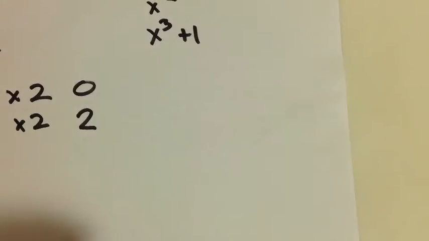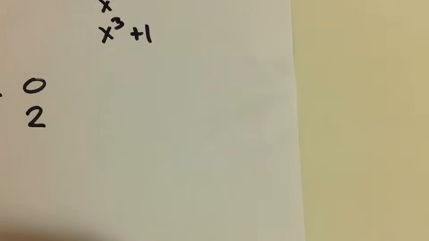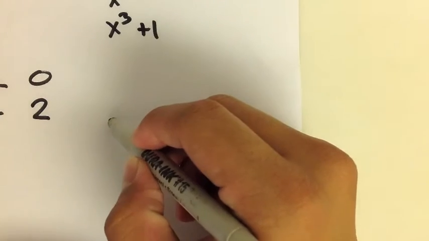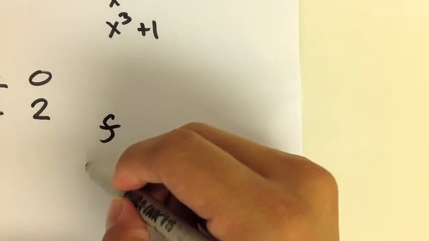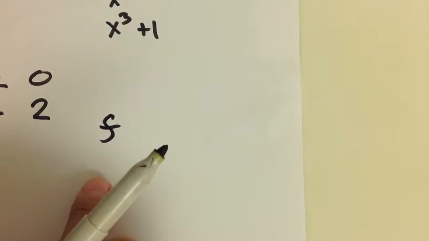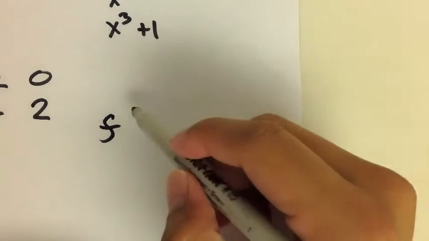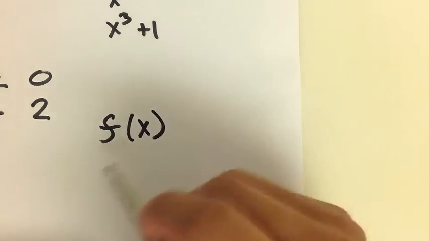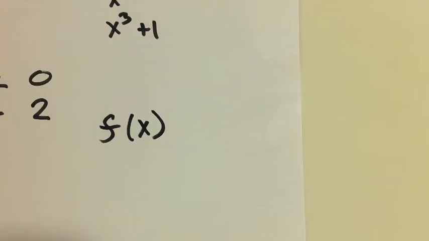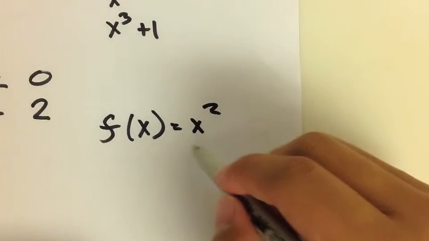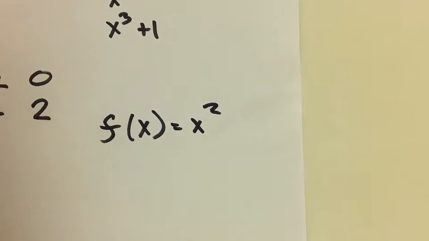So the function we have would be f, which would probably be the function name. Then inside the parentheses, x would be the input, equals, let's say, x squared, and that would be what to output. So what you would need to get that output.